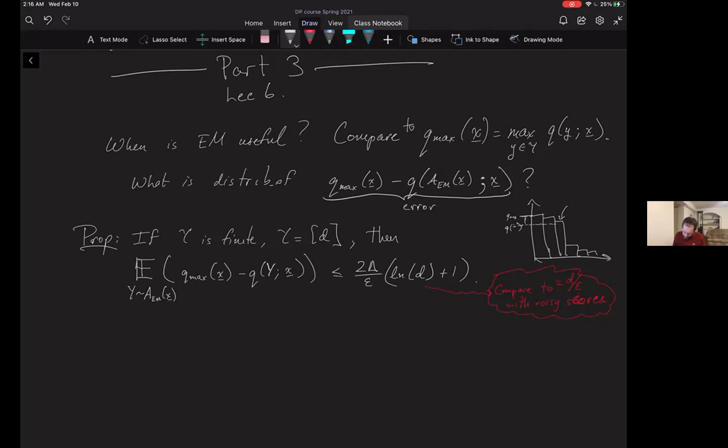All right, so in fact, the proposition can be strengthened a little bit.